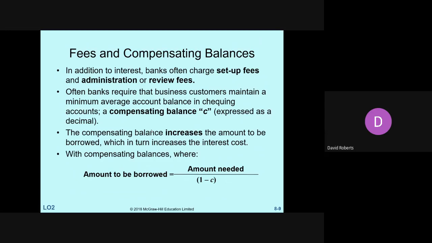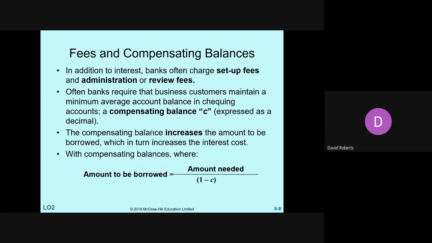This has become less and less common over the years. It's kind of a weird way to make the interest rate look lower, because you can only take out 90,000 because of the compensating balance of 10,000 in my example, but yet you're paying interest on 100,000. So companies are not liking that.